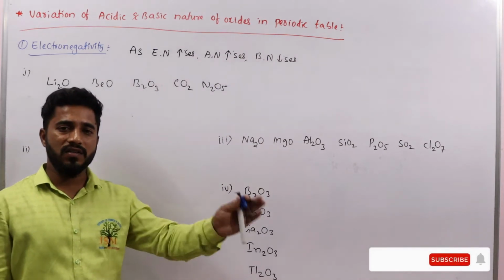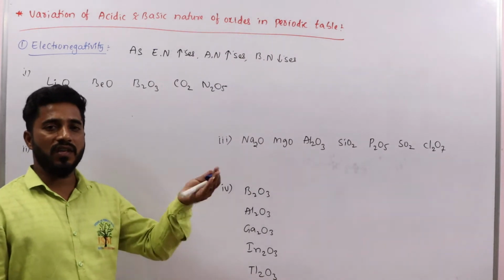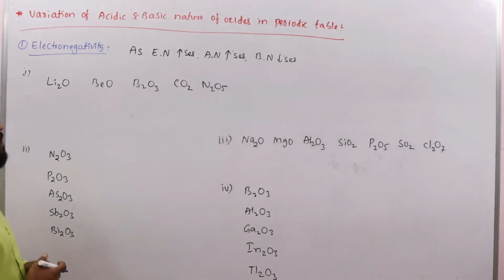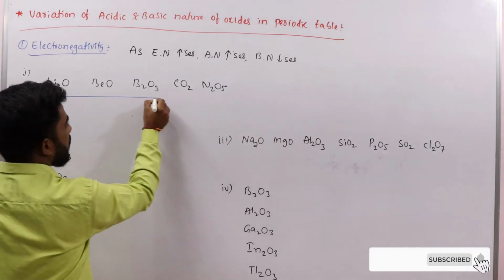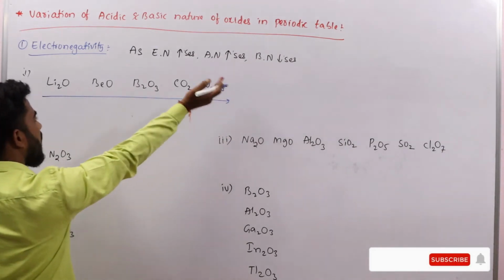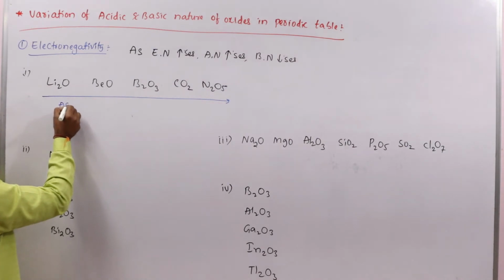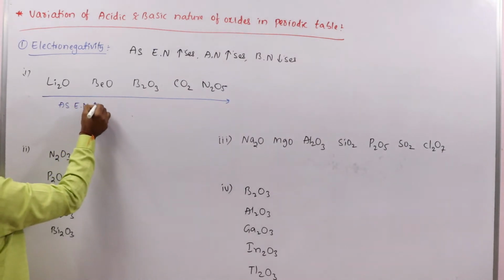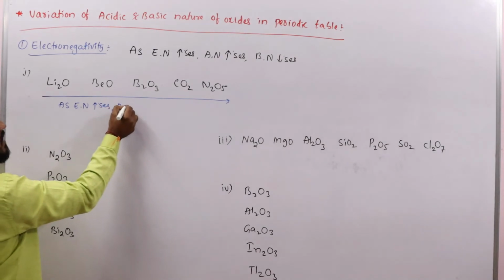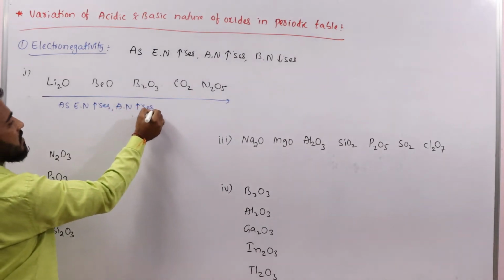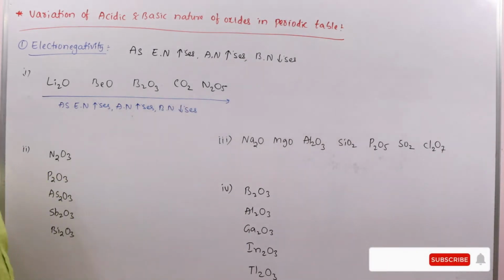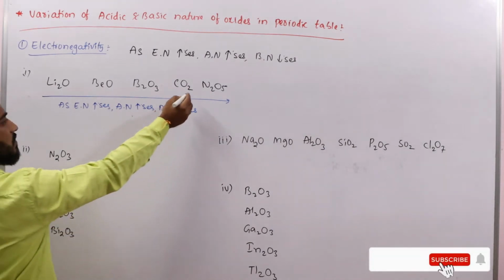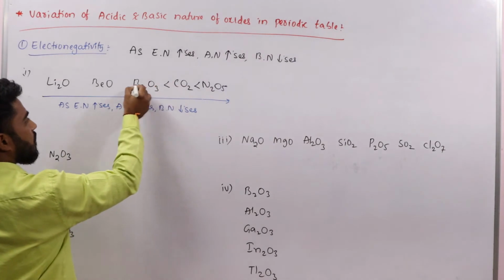As non-metallic nature increases, acidic nature increases, and also as electronegativity increases from left to right in the periodic table, acidic nature of oxide increases and basic nature decreases. So the order goes toward more acidic nature.